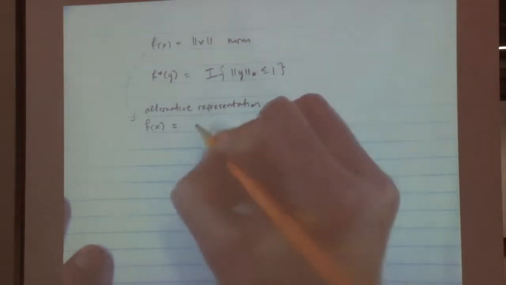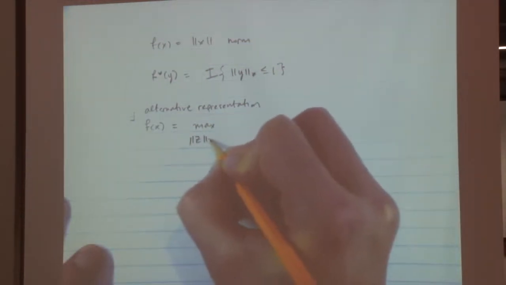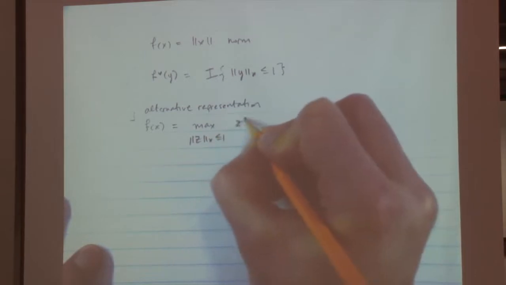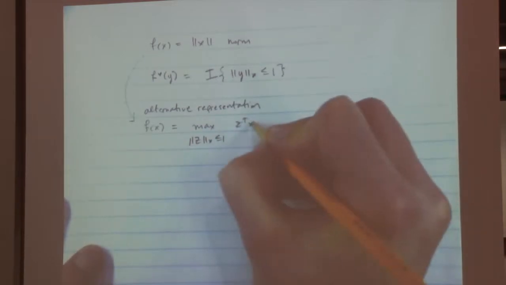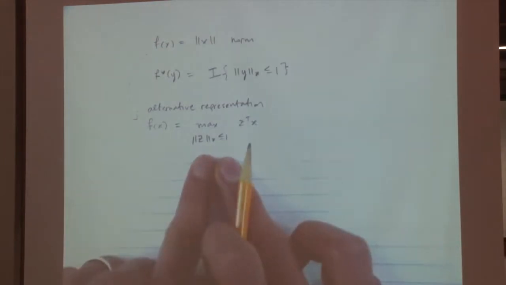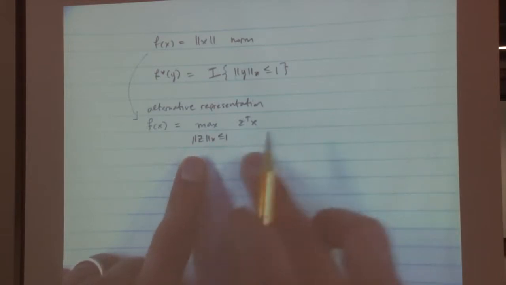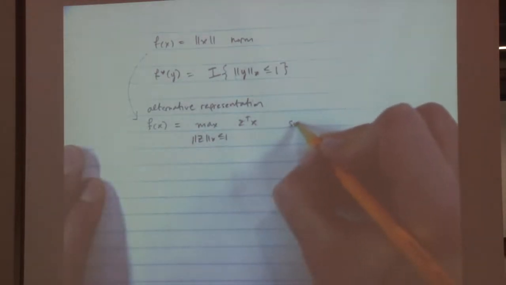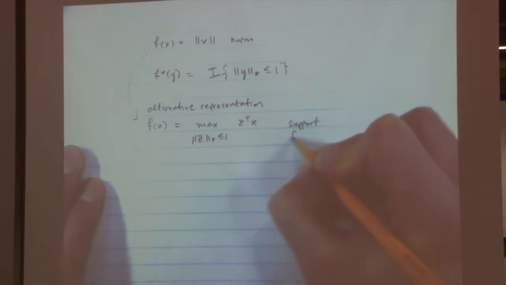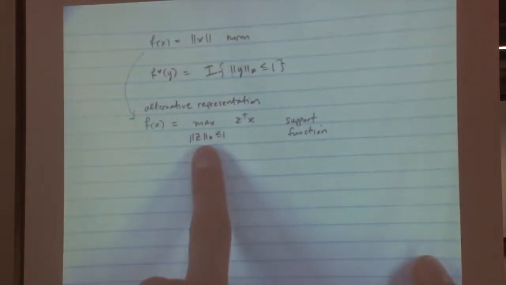So I can always write this as the maximum over all z that have dual norm less than or equal to 1 of z transpose x. It's an alternative representation for the norm of x. Because this guy is equal to the dual of the dual norm, which is the original norm. What is this guy here? This is the support function of what?